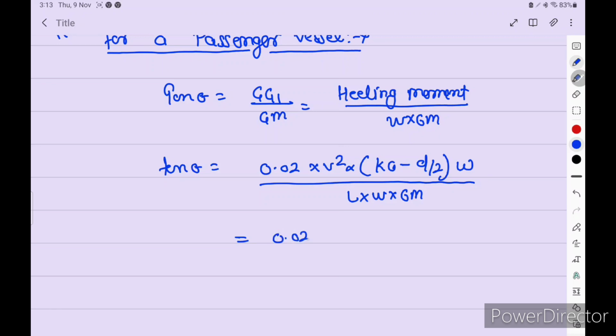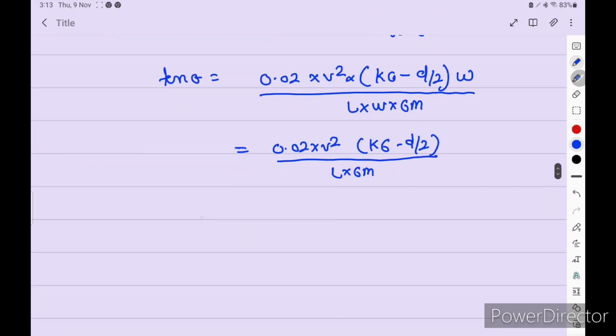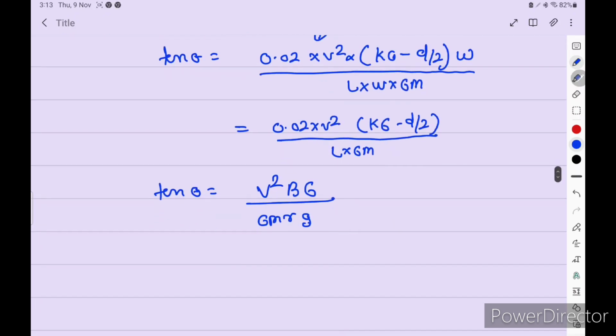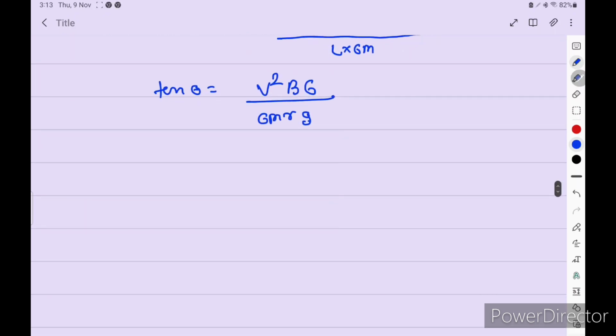Therefore 0.02 into v square into KG minus draft by 2 divided by L into GM, or tan theta is equal to v square into BG divided by GM into r into g. So this is the heeling moment formula, and the speed is the same. So we'll solve some numericals from past MMD papers.